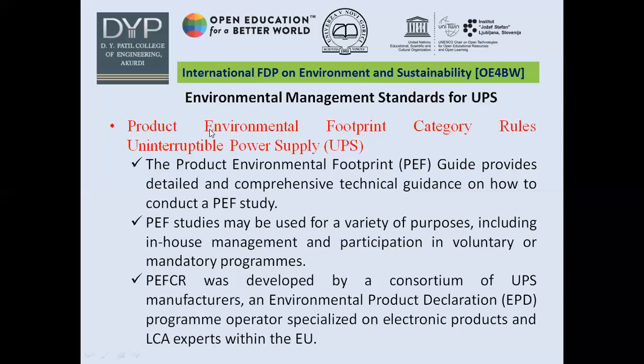They are known as product environmental footprint category rules for uninterruptible power supplies. The product environmental footprint guide provides detailed and comprehensive technical guidance on how to conduct a product environmental footprint study. It provides the complete guidelines on how this study is to be conducted.